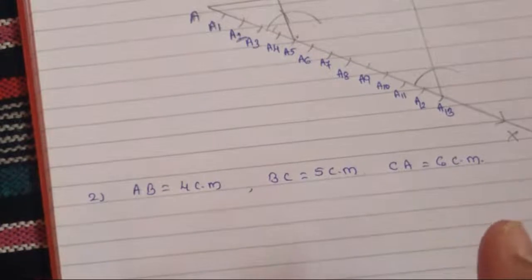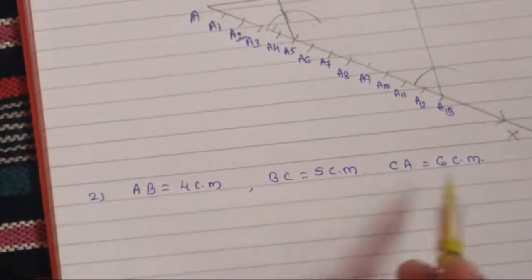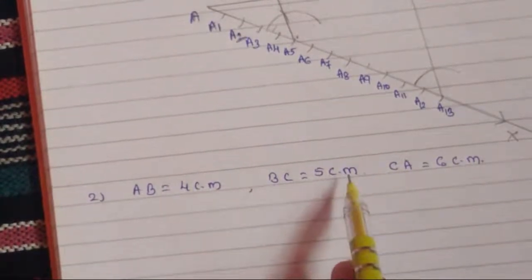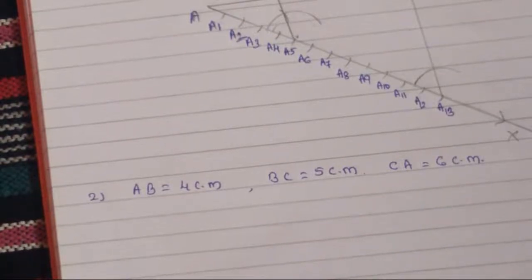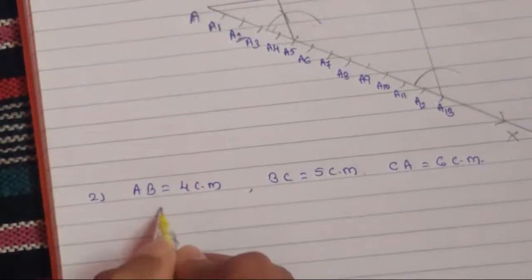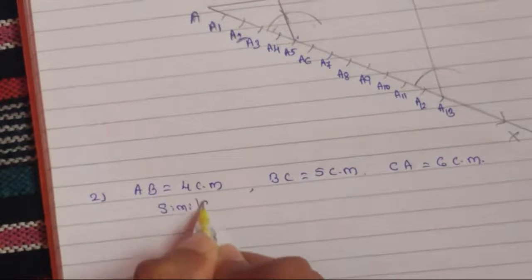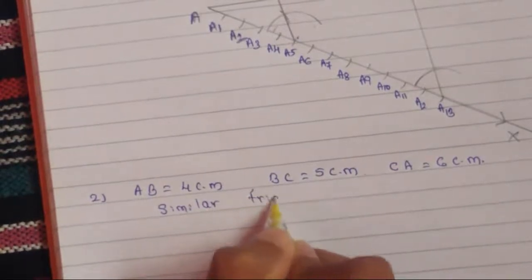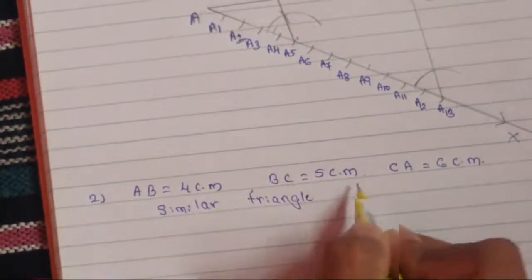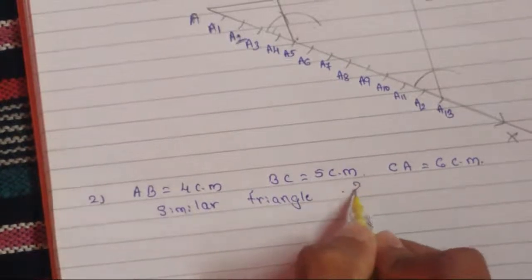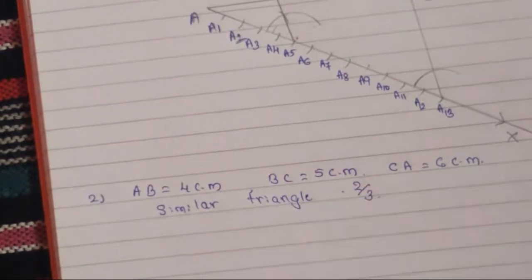That's why I consider ABC, and these are the side lengths. AB equals 4, BC equals 5, and CA equals 6 centimeter. And we have to draw a similar triangle of ratio 2 by 3.